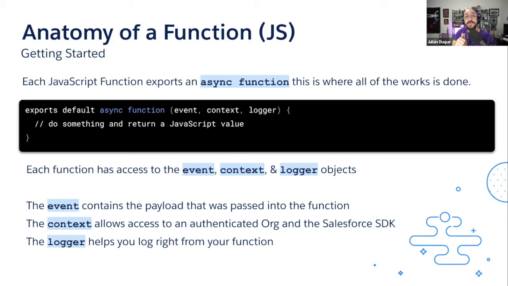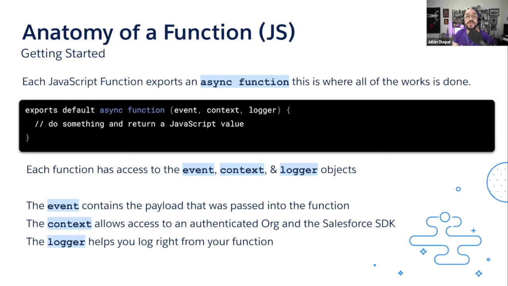is the event. The event contains the payload or the input information that is being sent to the function. The context contains the user and the org information of the function. So this is the one that has access to the authenticated org and the Salesforce SDK.